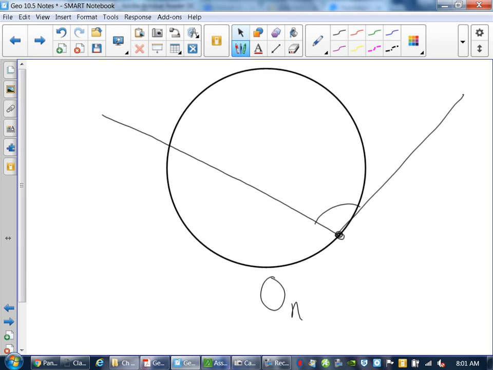What was that if it was an inscribed angle? Half of the arc. Well, this is not technically an inscribed angle, but its vertex lies on the circle. So let's take a guess. What do you think the rule will be? The same thing. It's half the arc that it hits. So when you're on the circle, your angle equals half of the arc it hits. So this angle opens up and hits this arc.